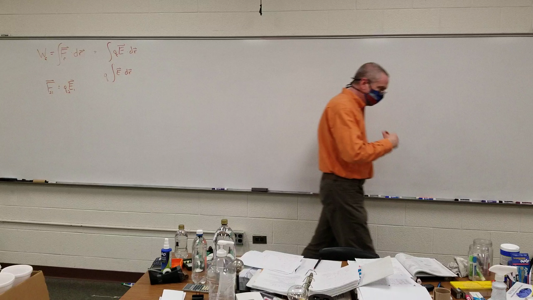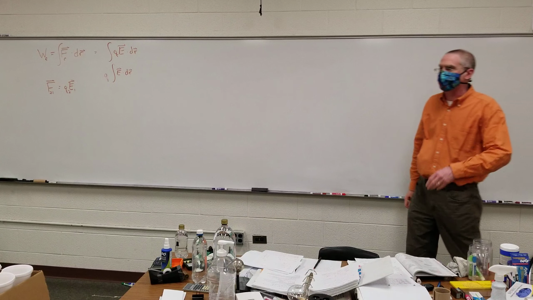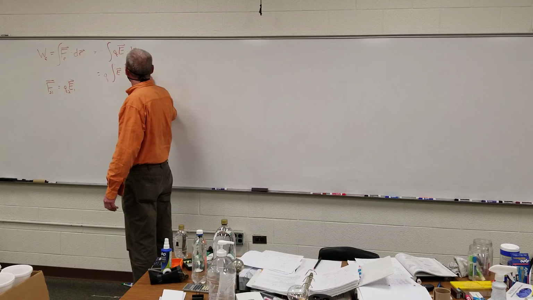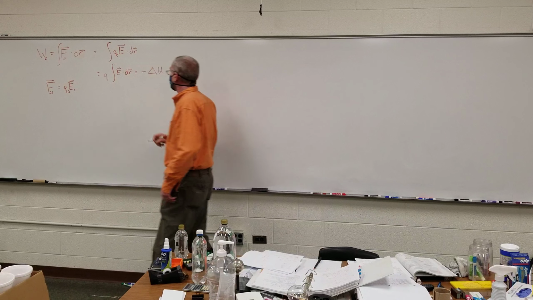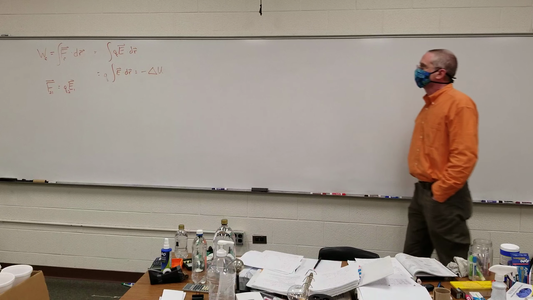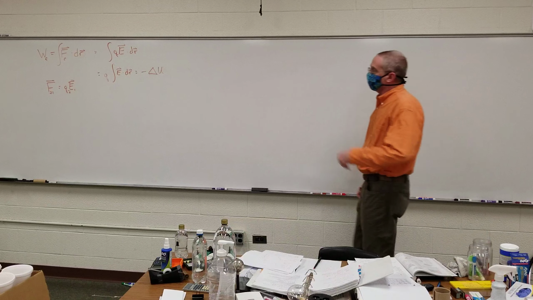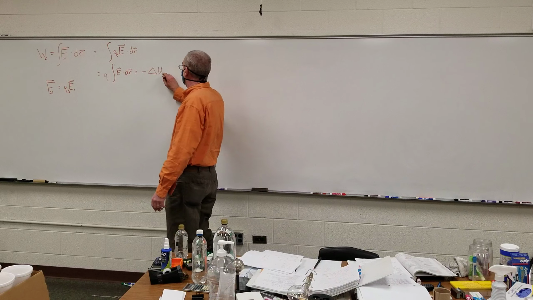And because this is conservative work, I know, based upon the work-energy relationships, that the work is equal to the negative change in potential energy. And specifically, since we are dealing with electric fields, this would be electric potential energy.